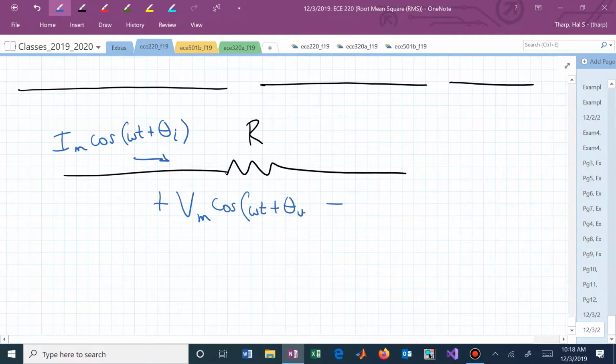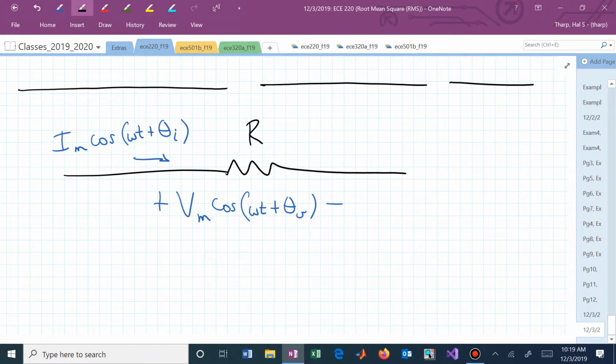But do you notice that I'm changing the phases? One is subscripted as theta sub I, the phase of the current phasor. The other one is theta sub V, the subscript on the voltage phasor.